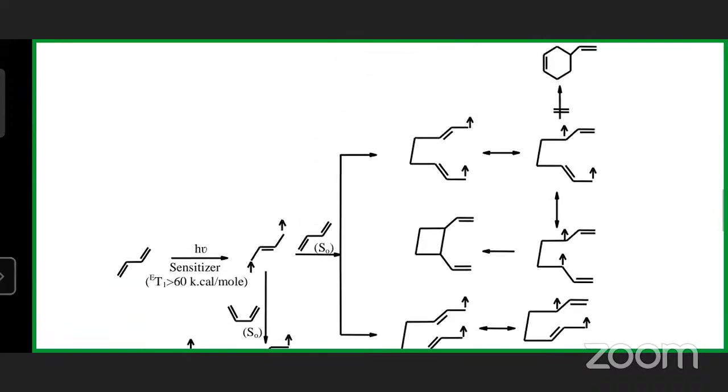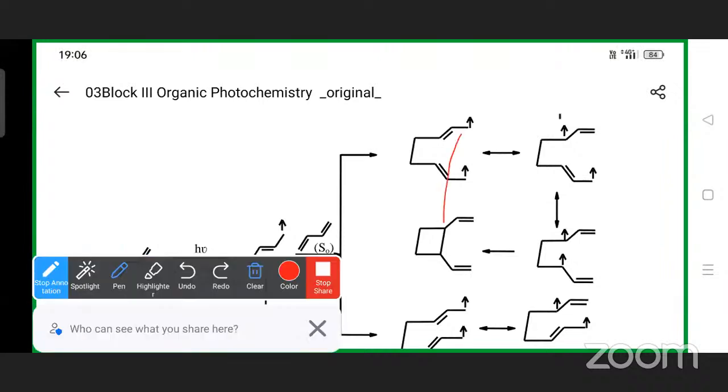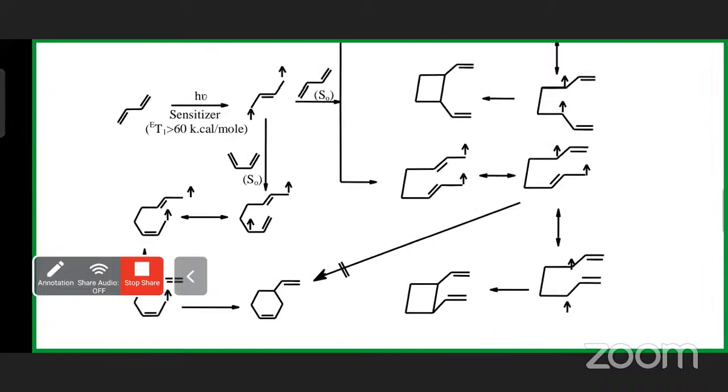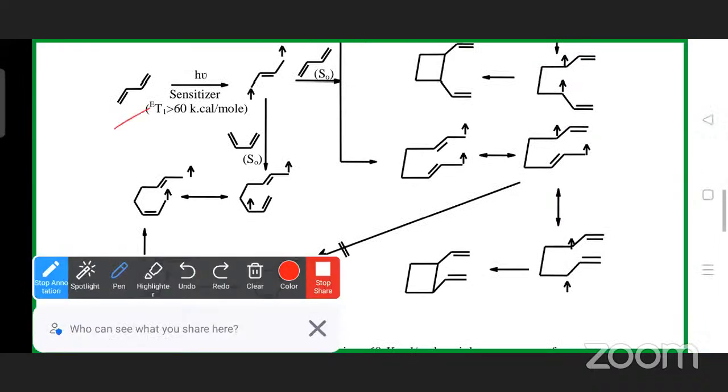Here you see this butadiene, whose triplet energy is more than 60 kilocalorie.